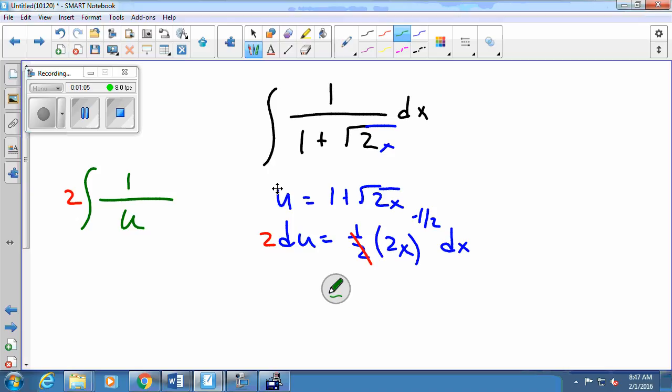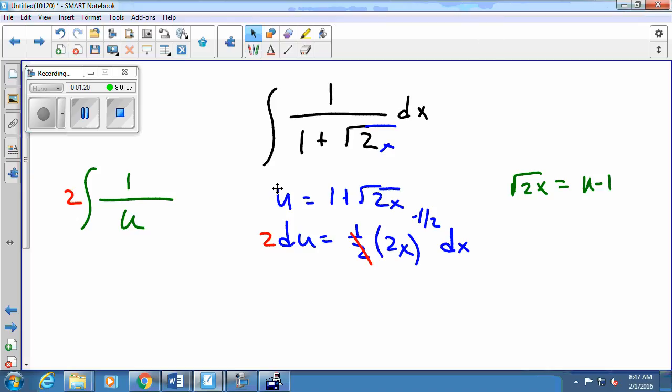What can I say about the square root of 2x? What's that equal to? What's the square root of 2x equal to? U minus 1? Would you agree with that? What can I do?